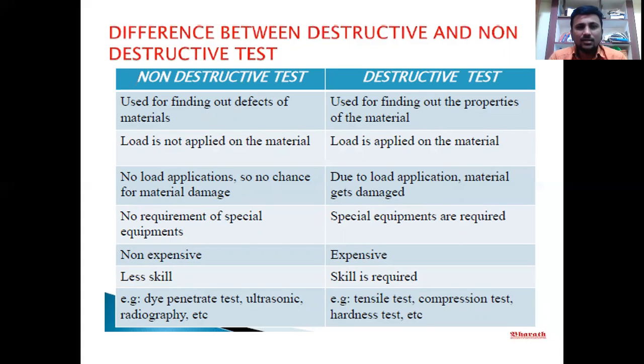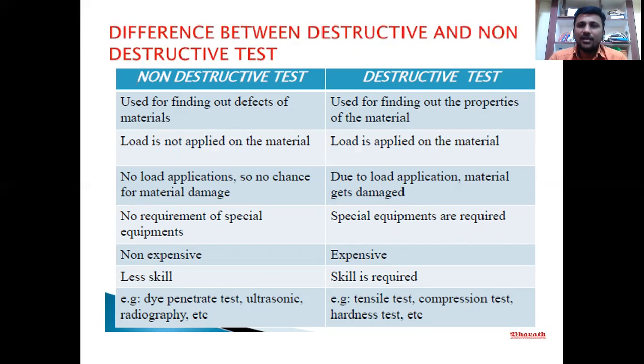The second one: in non-destructive tests, load is not applied on the material. In destructive type tests, load is applied on the material. You already studied that. Examples of destructive tests are tensile, compressive, and torsion. All these testers apply the load.